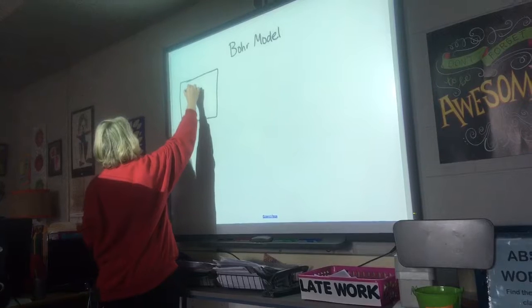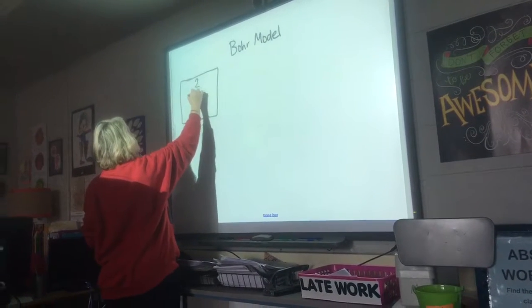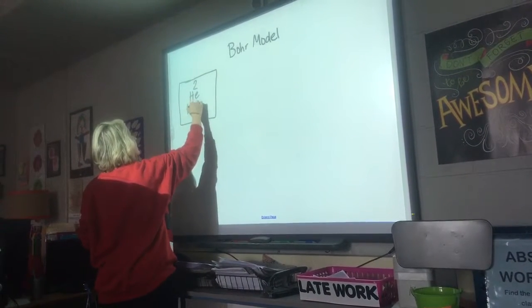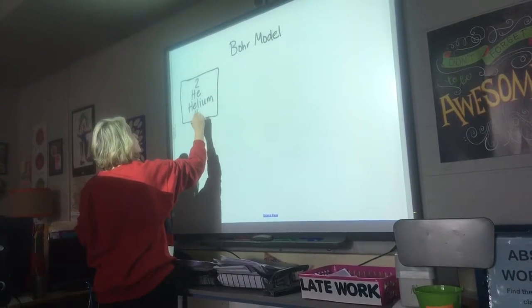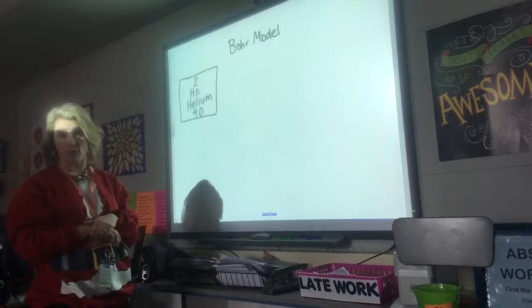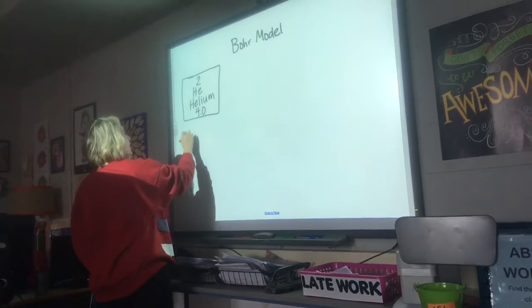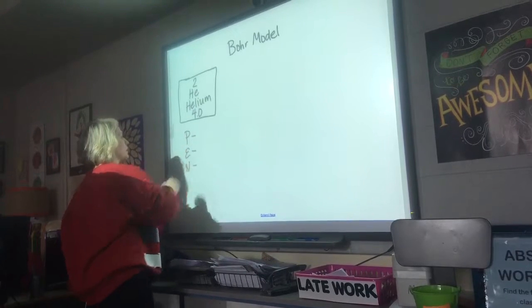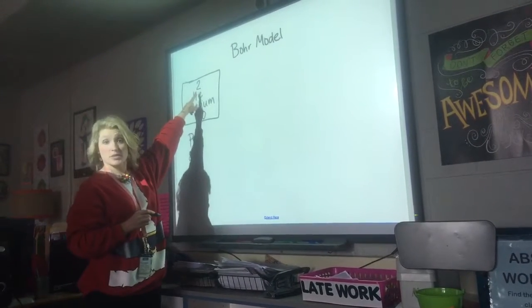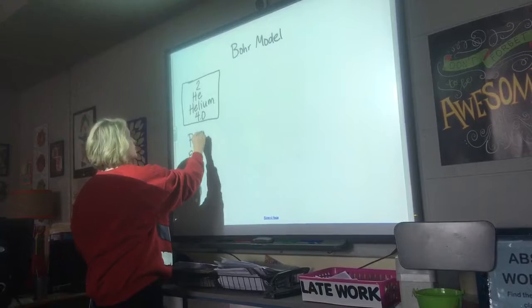Okay, so we are going to look at helium. I'll go ahead and write the information down here. Helium has atomic number 2 and atomic mass number of 4. So we're going to first calculate the number of protons, electrons, and neutrons. Our atomic number tells us how many protons, so 2.